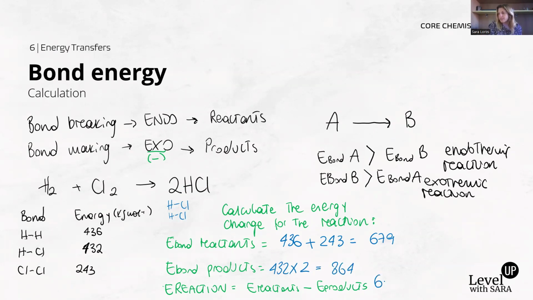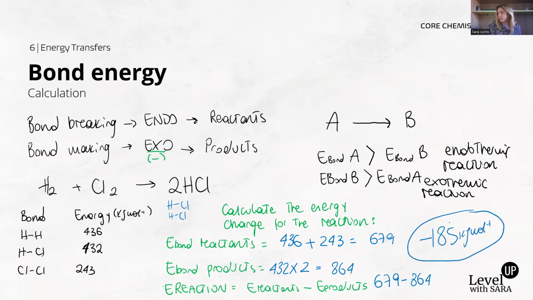Very important, 679 minus 864. Remember, the product is going to be the one with the minus, okay? Because the value that you get is in total minus 185 kilojoules per mole.